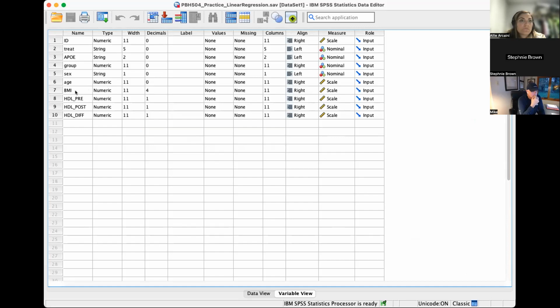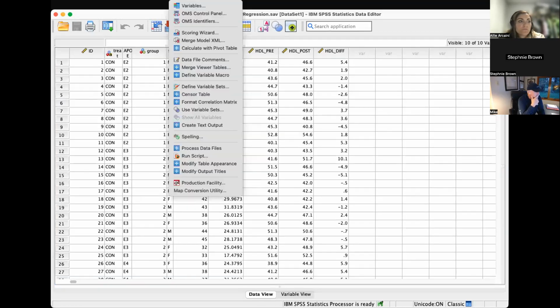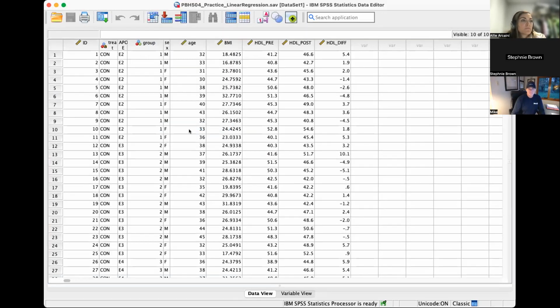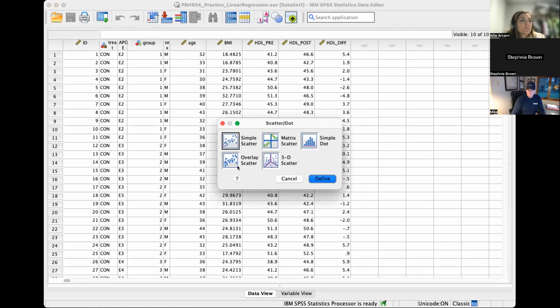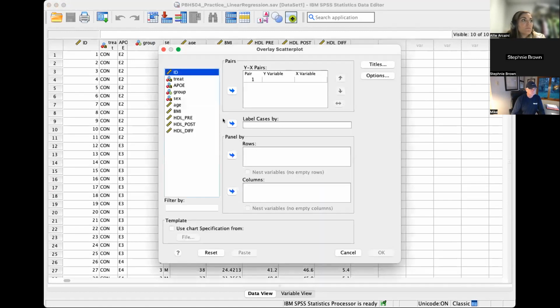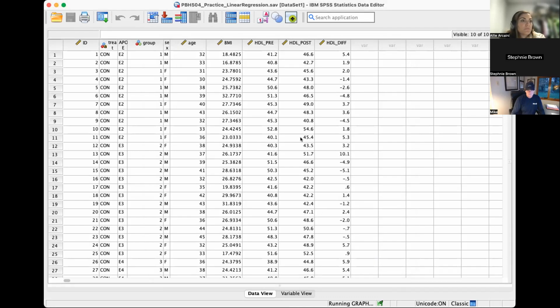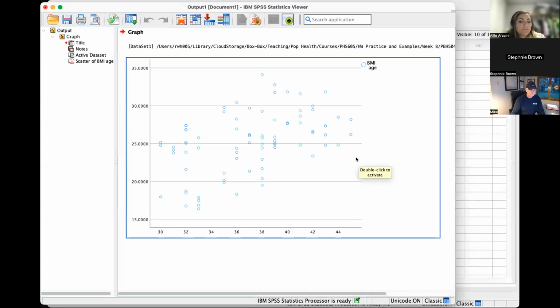All right, so we're going to look at, just from a graphical perspective, a simple scatter, or the overlay. Let's see. Label cases by... oops, that didn't do it.